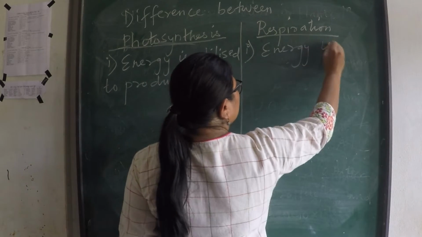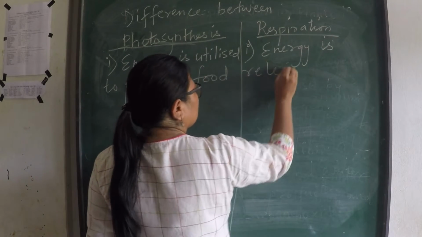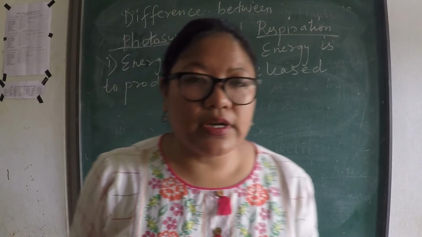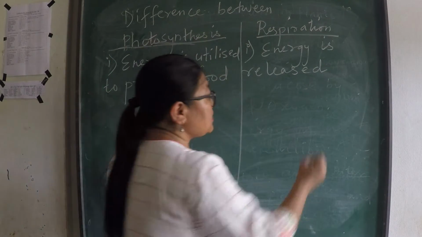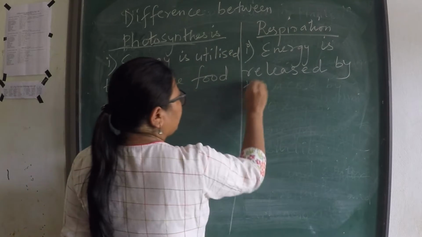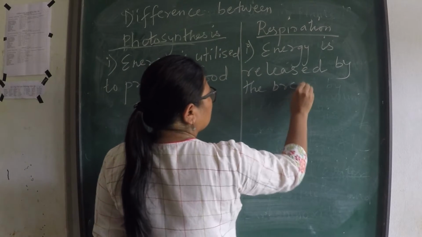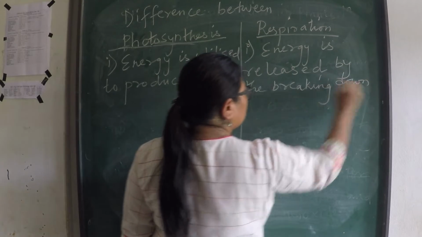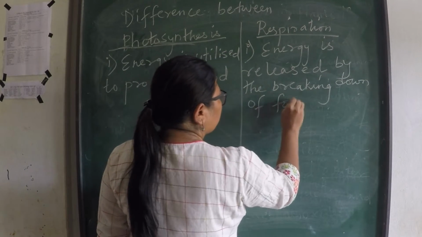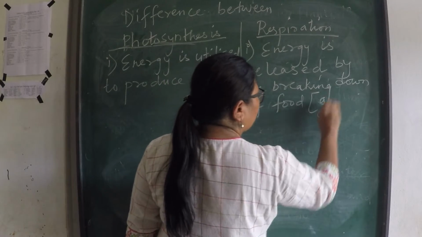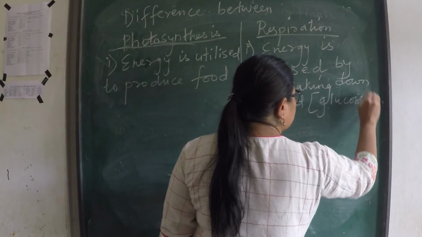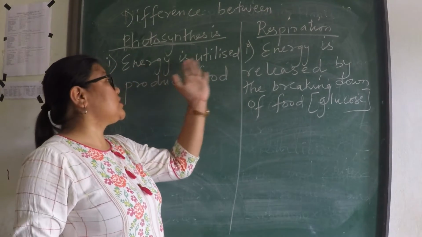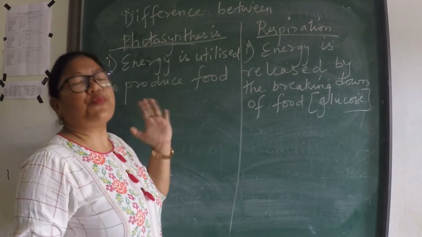Energy is released. How is it released? By the breaking down of food or glucose. That means in photosynthesis, energy is utilized so that it can produce food.